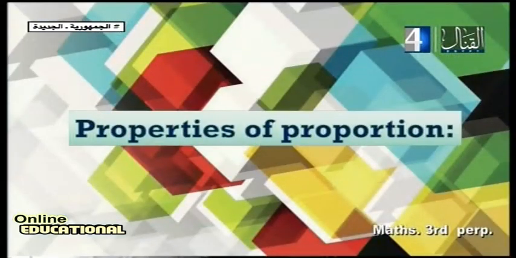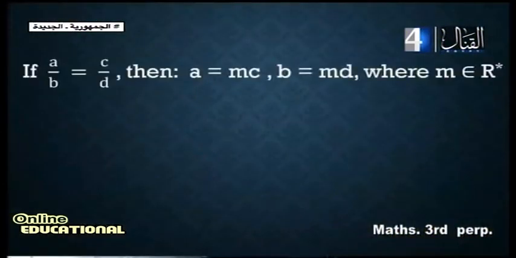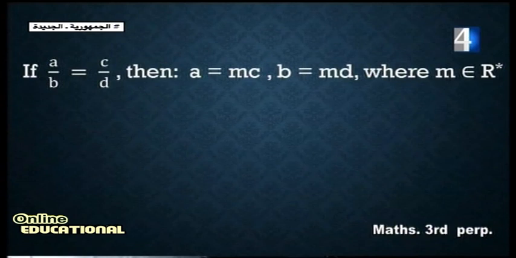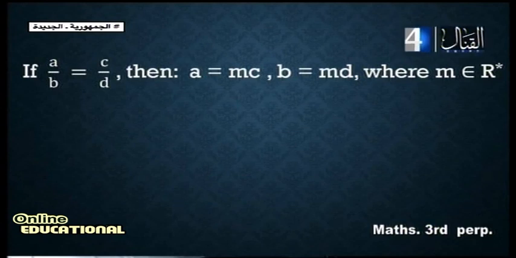Now let us have some properties of proportion. First of all, if A over B equals C over D, then we have studied before that A equals MC and B equals MD, where M belongs to R star. What about R star?